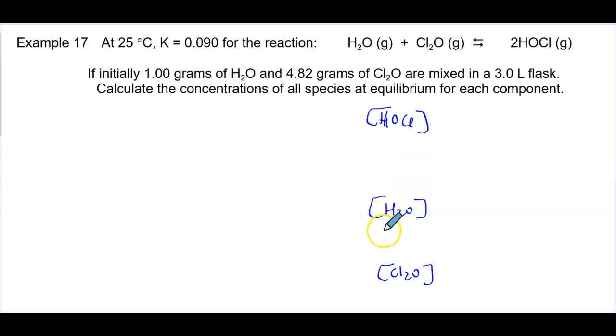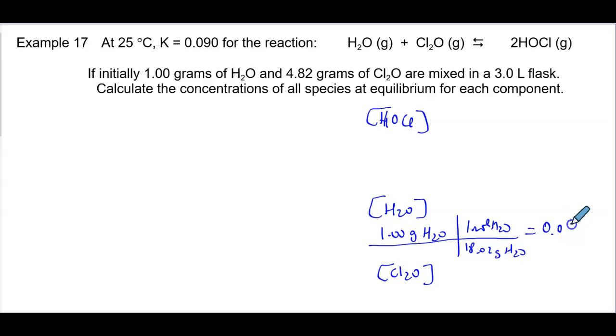Okay, so we can say that we have 1.00 grams of H2O, and we know there are 18.02 grams of H2O for every 1 mole of H2O. So we got to calculate what that is. 1 divided by 18.02 is going to give me 0.0555 moles.